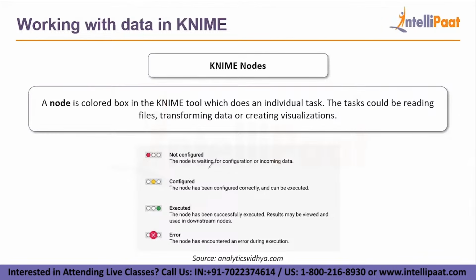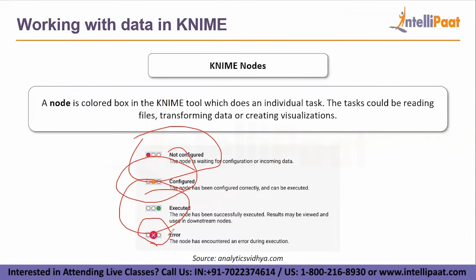Where it shows red, this is configured, meaning we have done something but not executed it, and this is where we have executed, and this is where we will not be able to move ahead. These are the three different states of a node that you need to know.